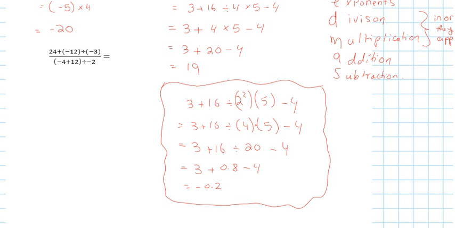So, Miharat's calculator, entering it this way, gave her 19. And I did check it. And then Ahmad's calculator gave him negative 0.2. What do you get? You got 19 as well? You see? Even these are two scientific calculators. They give you two different answers.